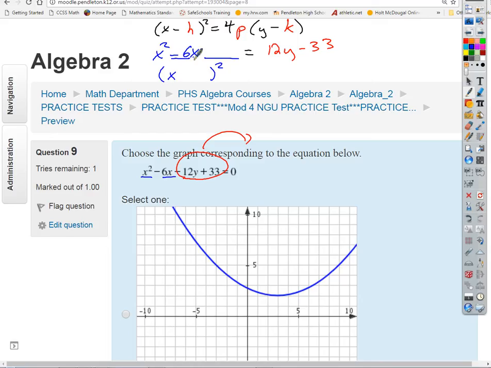So we're subtracting 6. So b is negative 6. Negative 3. Good. Half of that negative 6 is negative 3, which means what number do I have to add to both sides? 9. Good. I have to add negative 3 squared, which is positive 9. So then we get x minus 3 squared equals, and what do we get over here then? That's going to give us 12y minus 33 plus 9, which is minus 24.